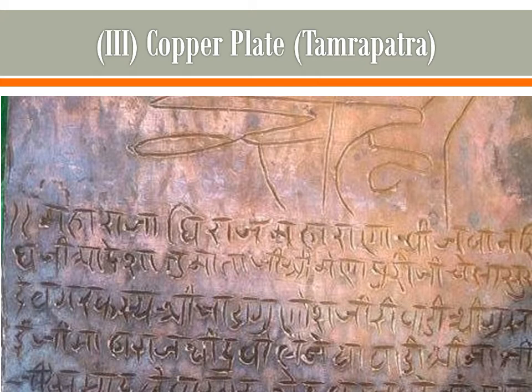They are engraved on copper plates or copper sheets and kept at religious places. So these are tamrapatra, and such tamrapatras are found in Gujarat in large number. And after that, there is a list of the places which have these tamrapatras.